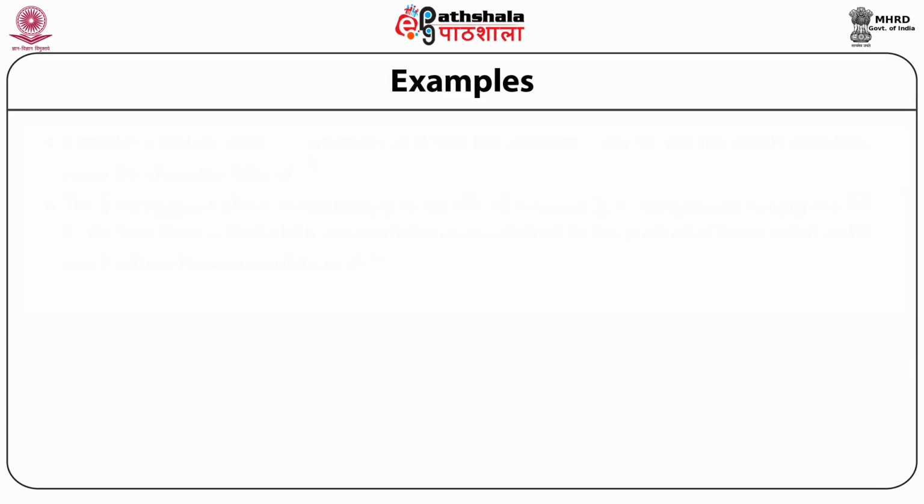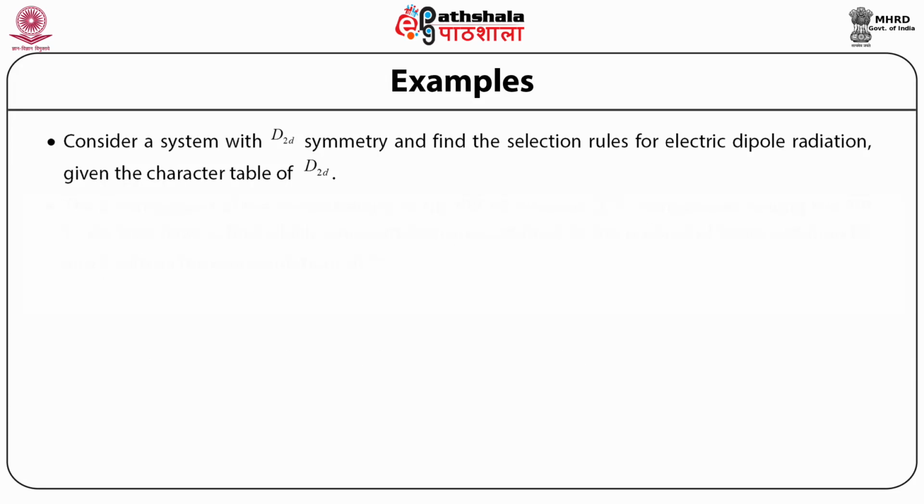In this example, we will consider a system with the symmetry D2d, and we'll try to find out the selection rules for electric dipole radiation. The character table of D2d is given.